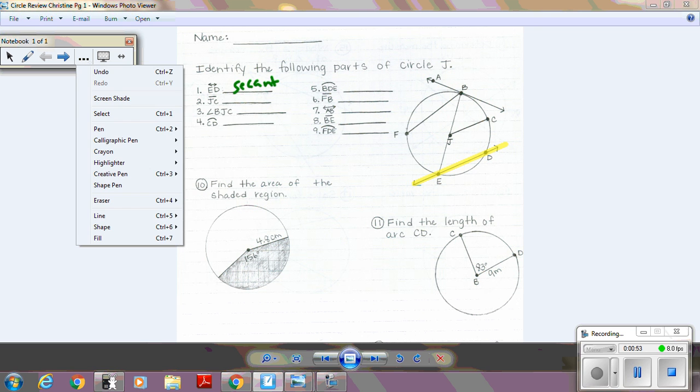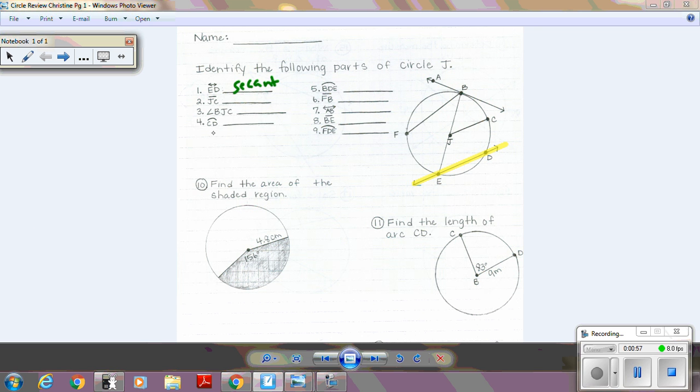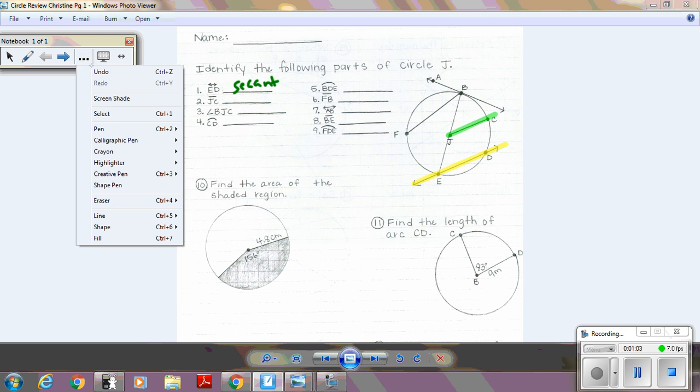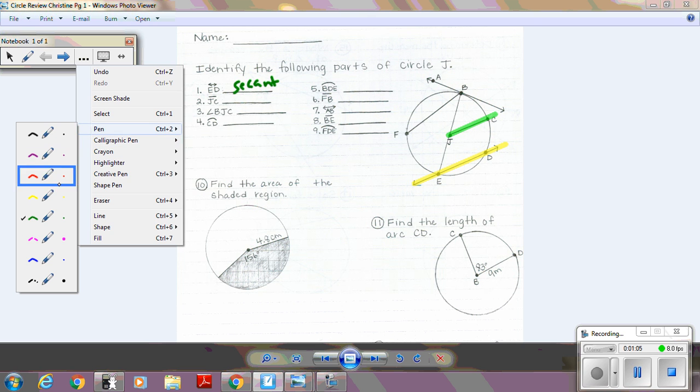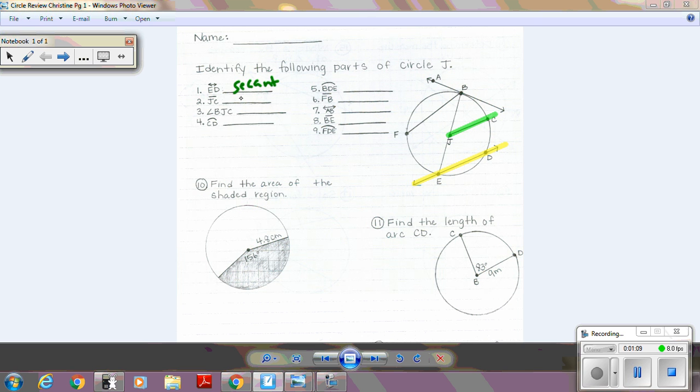The next one is segment JC, which is this segment here. Since segment JC starts at the center, which is J, and touches the edge of the circle, it is thus a radius.